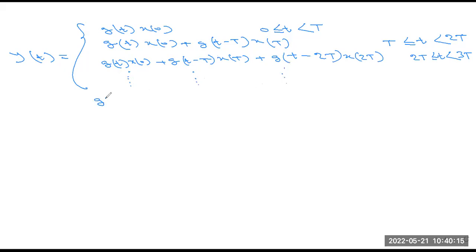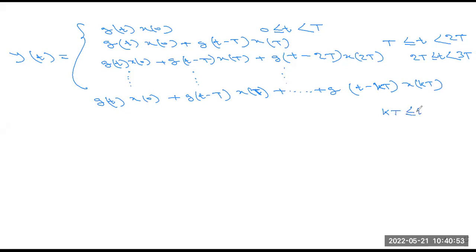So the last term we write here is g(t) x(0) plus g(t minus T) x(T) plus dot dot dot, lots of terms, g(t minus kT) x(kT), where the range is kT less than or equal to t less than (k plus 1)T.